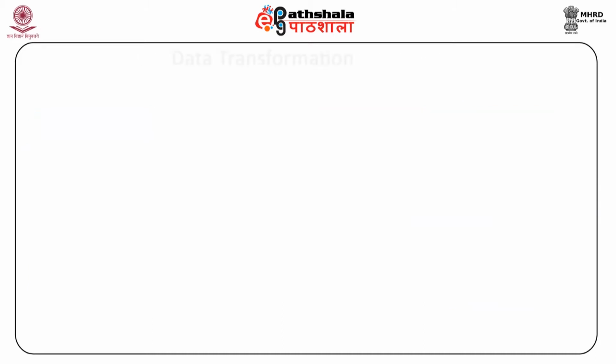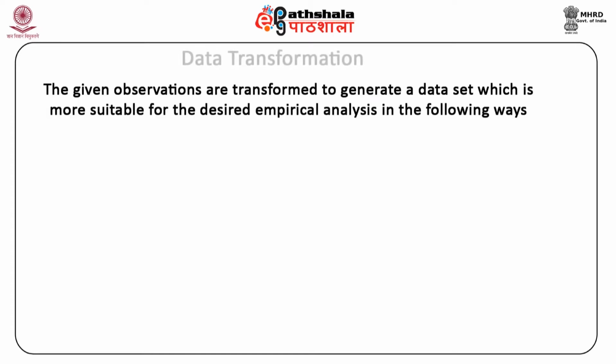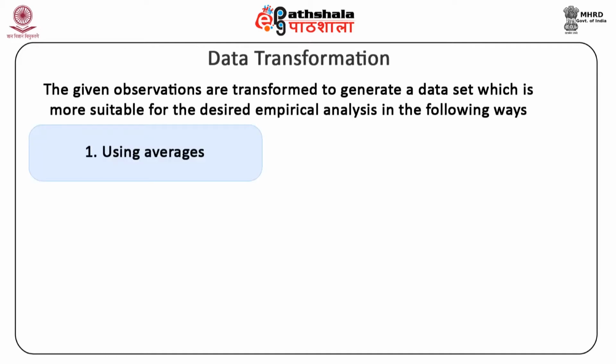Next cause of autocorrelation is data transformation. Sometimes the given observations are transformed to generate a data set which is more suitable for the desired empirical analysis in the following ways. First is using averages.